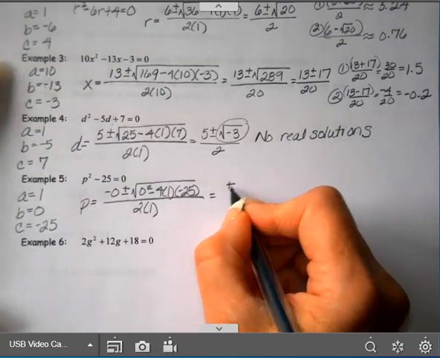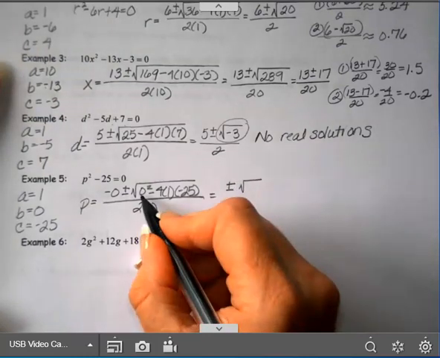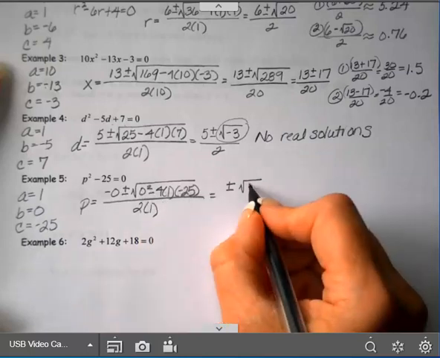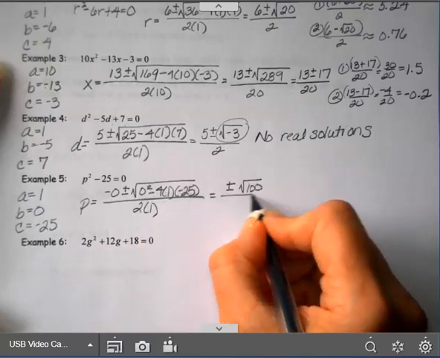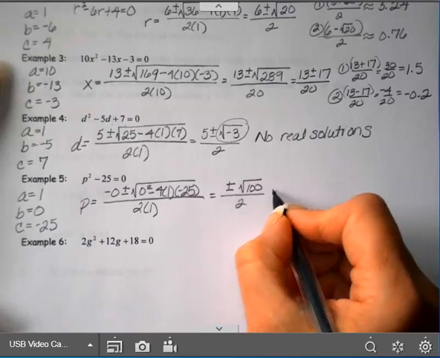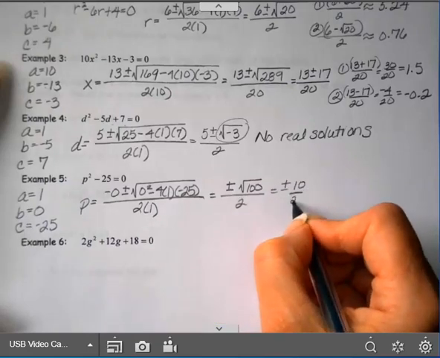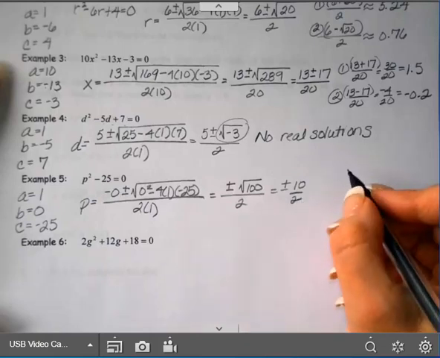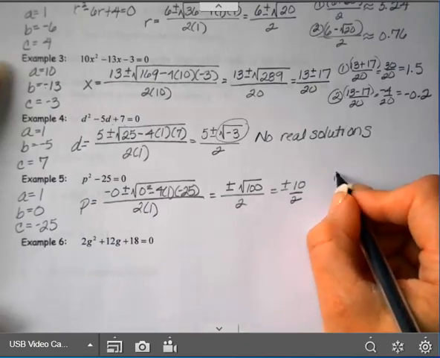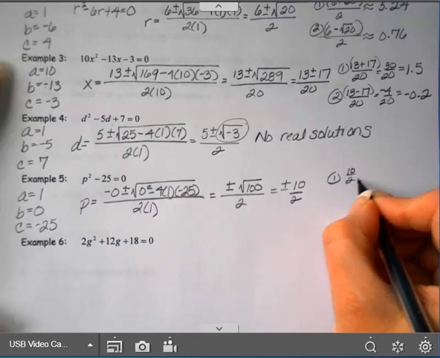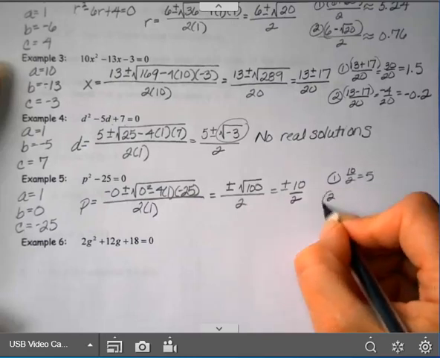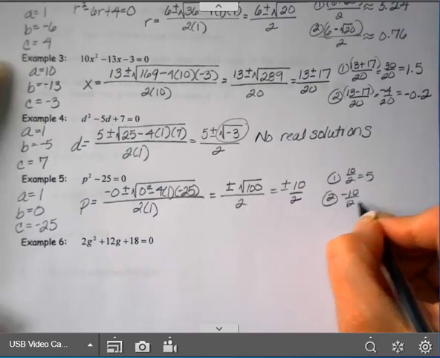You'll have plus or minus the square root. And if I simplify this, this is 100 in there. And that is all over 2. So this is plus or minus 10 over 2. And so I get two solutions. My first one is 10 over 2, which is 5. My second one is negative 10 over 2, which is negative 5.